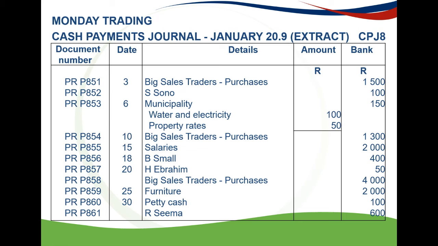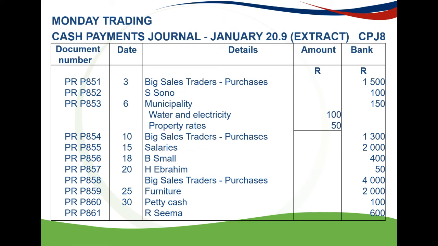We also have Sono, whom we paid 100 Rand. The municipality we paid for water and electricity, 100. Property rates we paid 50. We have Big Sales Traders, cash purchases. Remember, these purchases are all cash because it's in our cash payments journal.